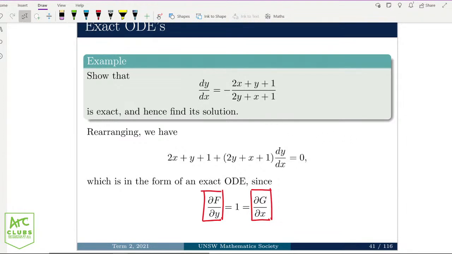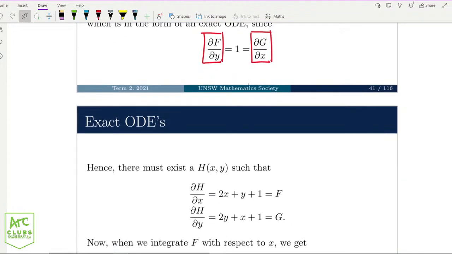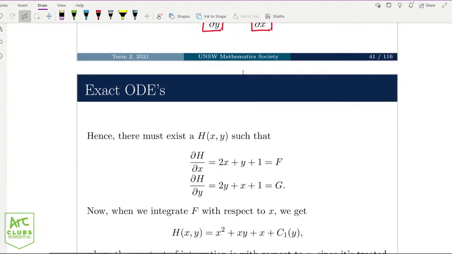A very specific technique that we apply to solve exact ODEs is we use the fact that for all exact ODEs, there exists a function h such that partial h partial x is equal to f, and also partial h partial y is equal to g.